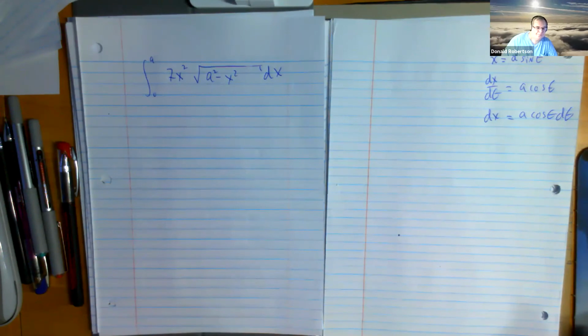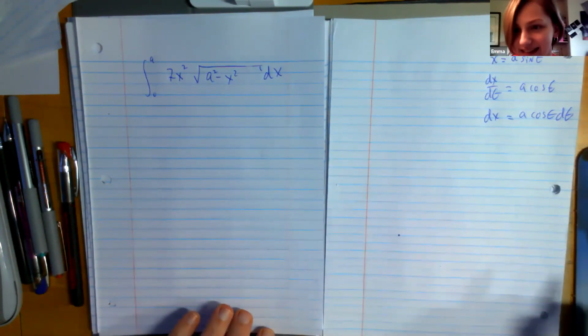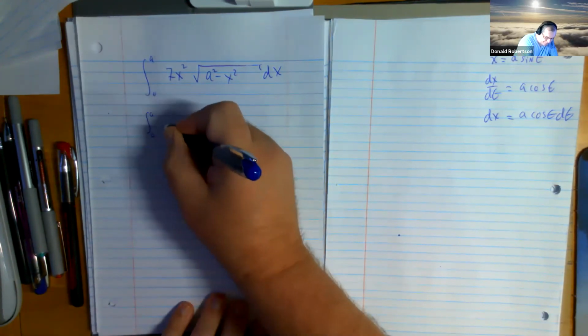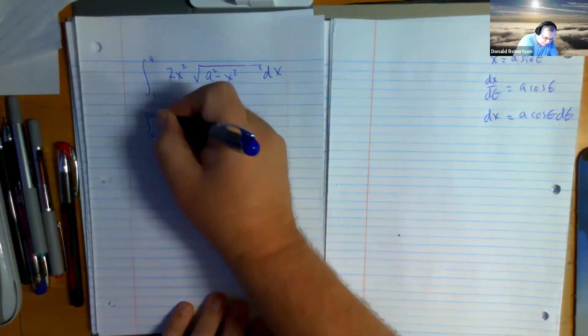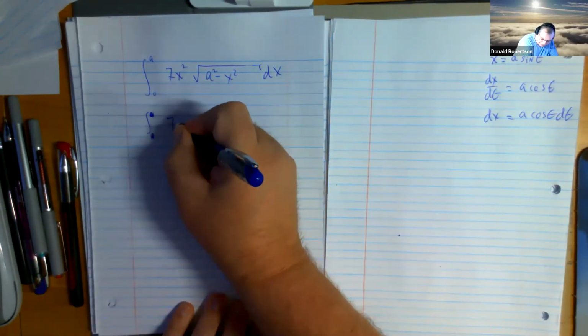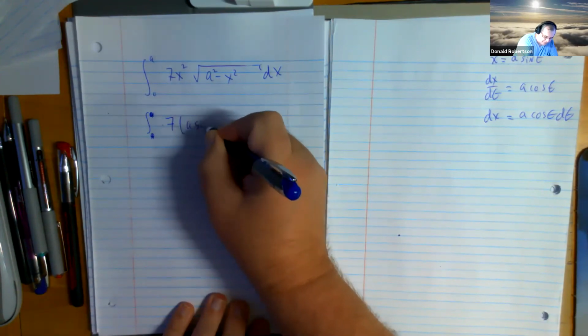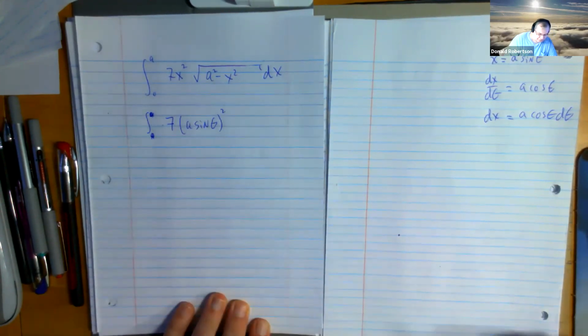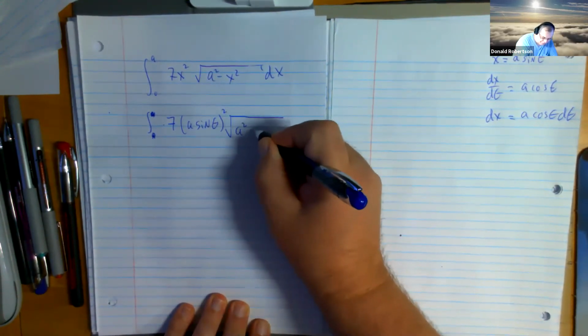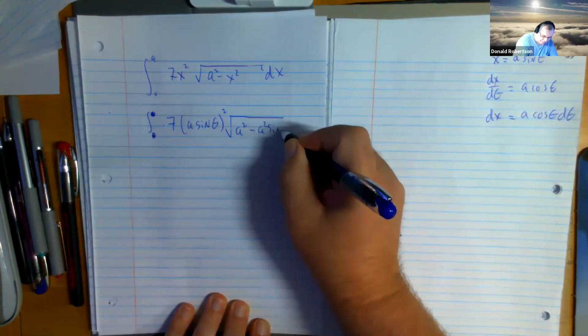Most people don't go wrong there. Actually, we don't know what those limits are now because we've done a change of variable. It's going to be 7, x gets replaced by a sine theta, a squared take away a squared sine squared theta.